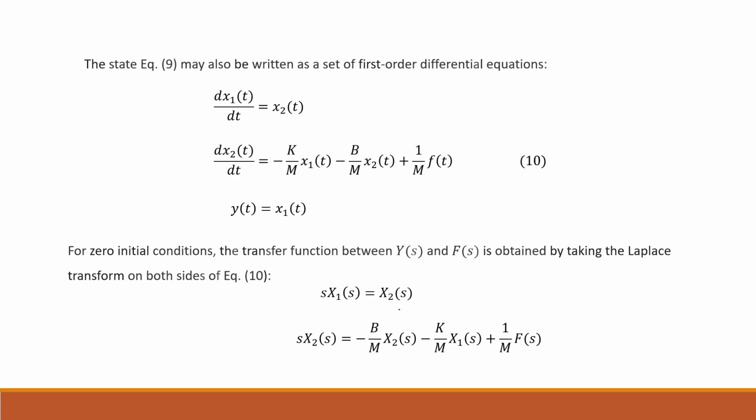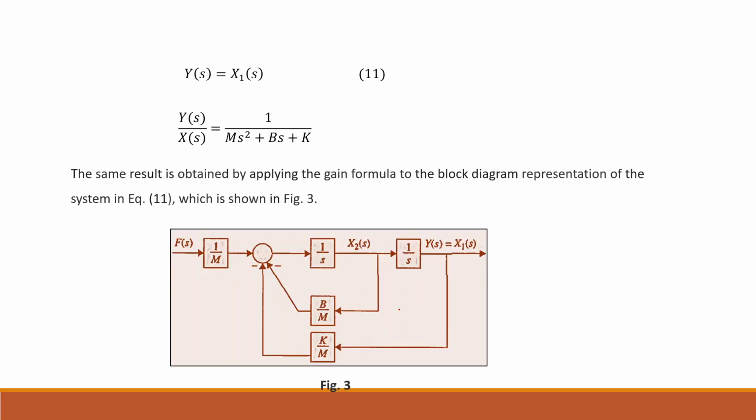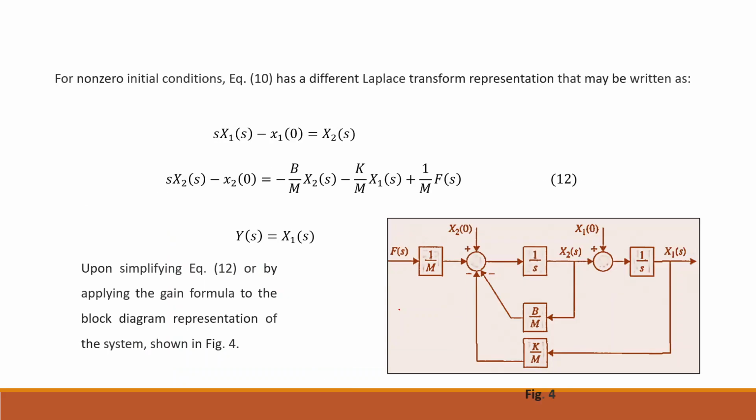From here we can apply zero initial conditions and then find the transfer function between ys, that is the Laplace transform of the displacement, and the Laplace transform of the force fs, ys being the output, fs being the input, and we can find the block diagram accordingly.